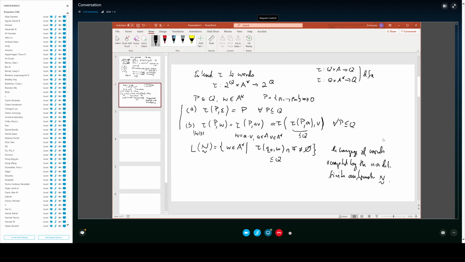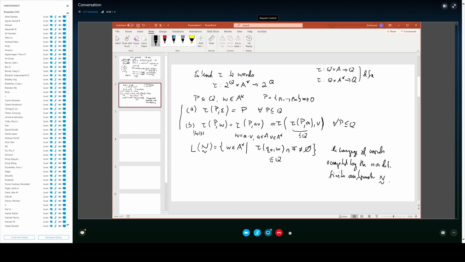And so effectively what we can say, given that the definition of the language is also compatible, if this happens to be a single state, then of course the intersection with F is the same as saying element of F. And so they're all compatible.